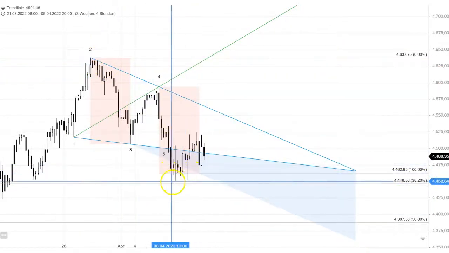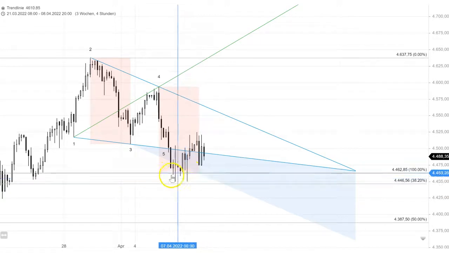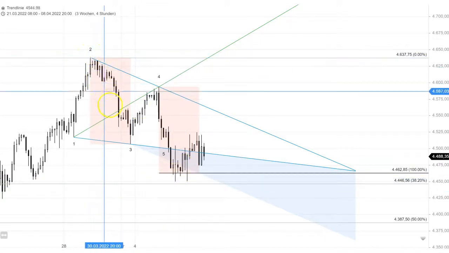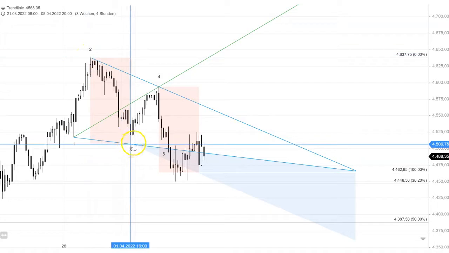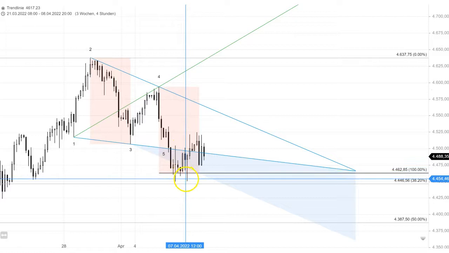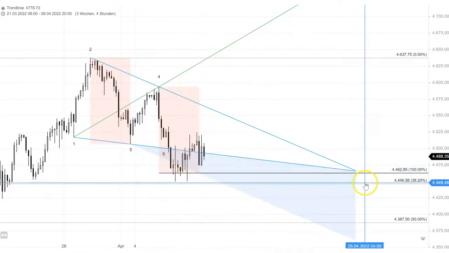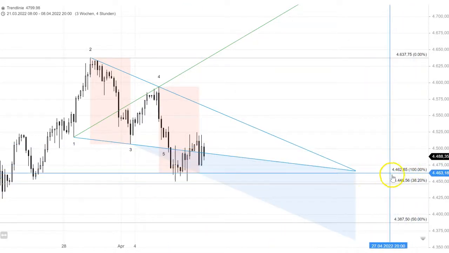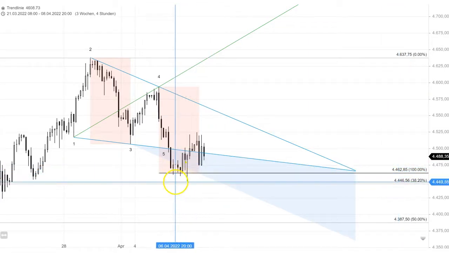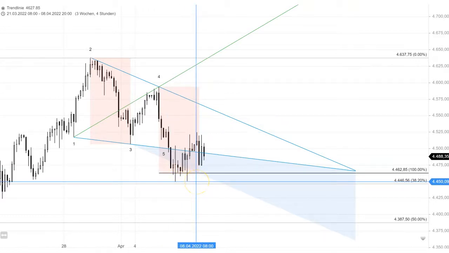If these lows hold, we had a proper ABC correction in 3 waves to the downside. So this is the first leg, the A, this is a second leg as a B, and that's the third leg as a C. The C got that 100% target at 4,462, and it overshot here a little bit on Wednesday and Thursday. We made a so-called double bottom, and I was also mentioning that on Twitter.